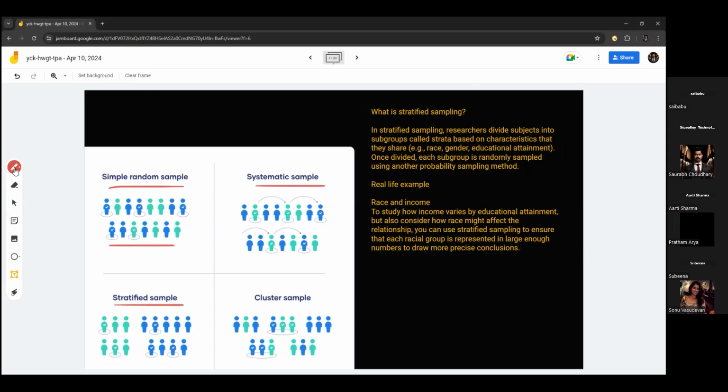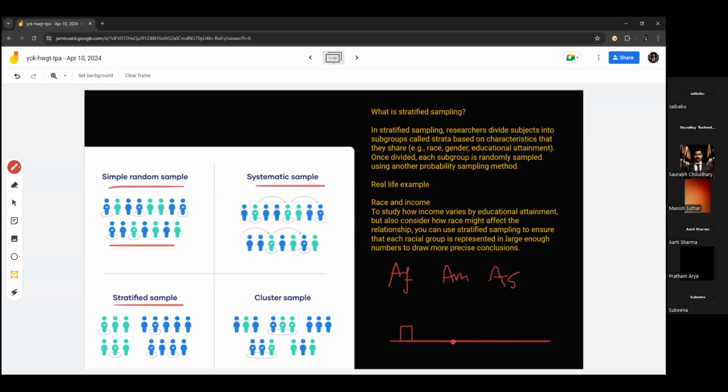So you can understand that to see how the race of people, like African, American, Asian, first of all divide them into the different parts, and then you can do the sampling and find out their income, right? So we can easily figure out that some race is earning less. So this is how we can figure out from this.